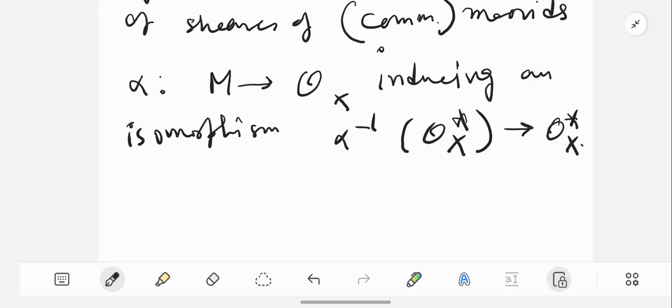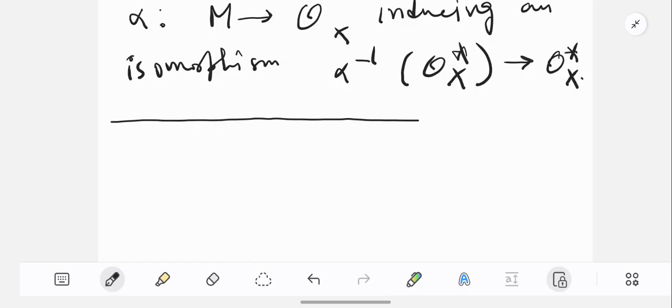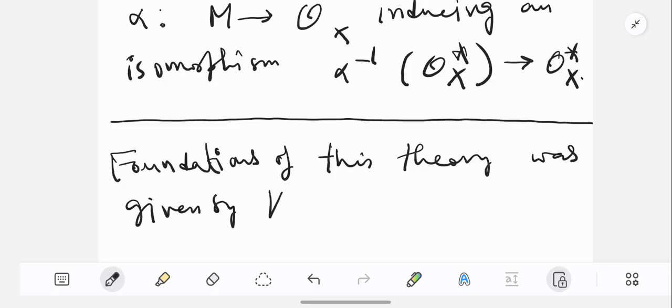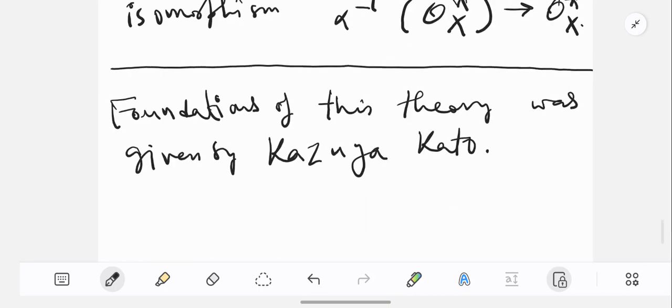Let's see a bit of history of when it was developed. The foundations of this theory were first given by Kazuya Kato, and it was further developed by Fumiharu Kato after that.